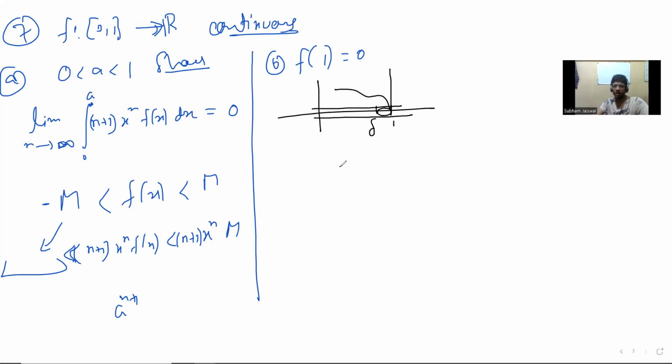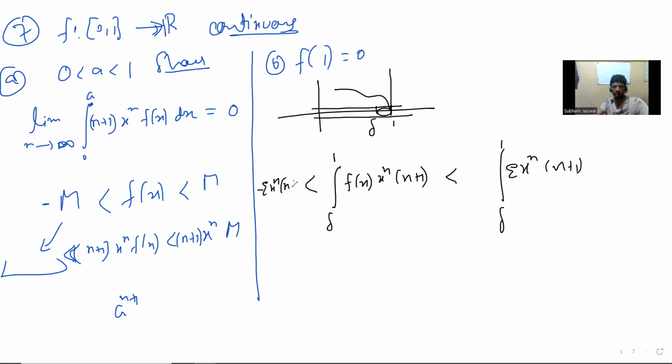So all I'm trying to say is that from delta to 1, f(x) x^(n+1), you can make sure this f(x) is less than epsilon, right? So this becomes this, and now you can do it from delta to 1, and similarly you can do this side.